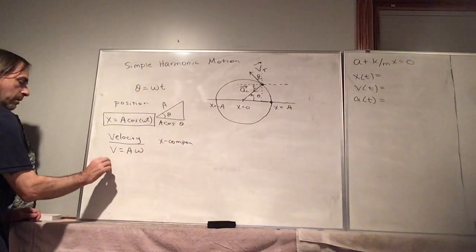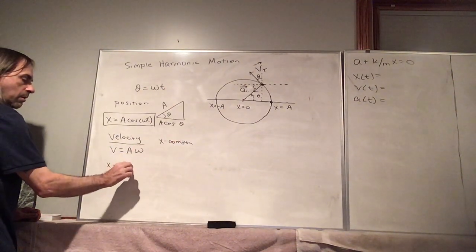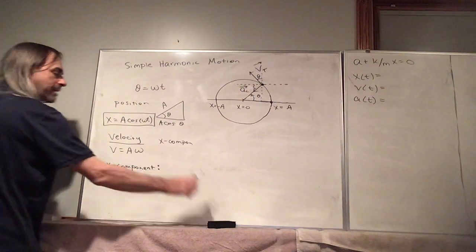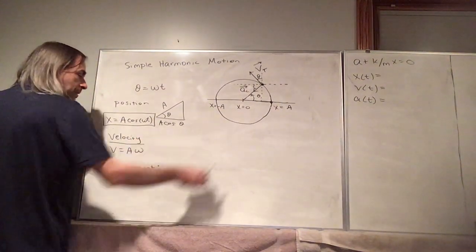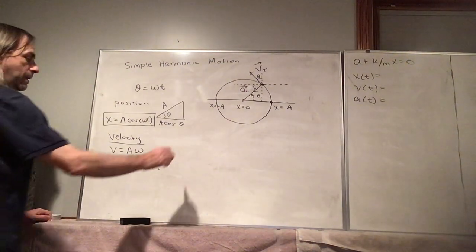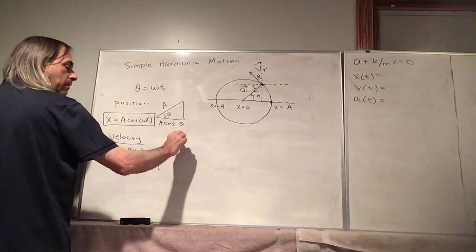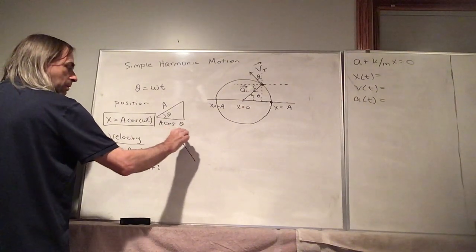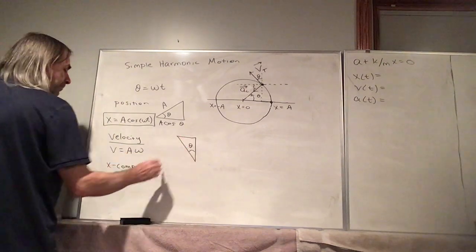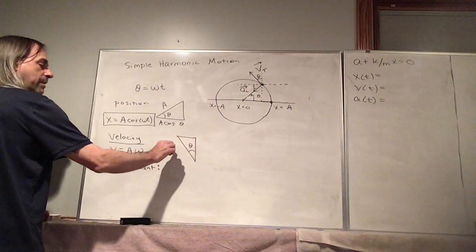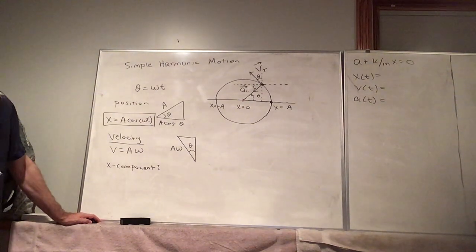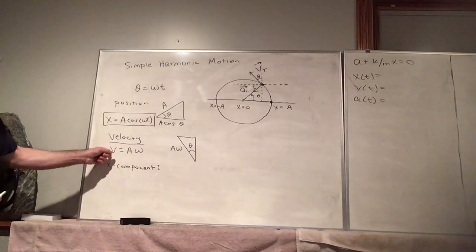I'm going to write this here. So the x component of velocity, we have this velocity vector. This angle here is theta. And the velocity vector has a magnitude a omega, or the speed.